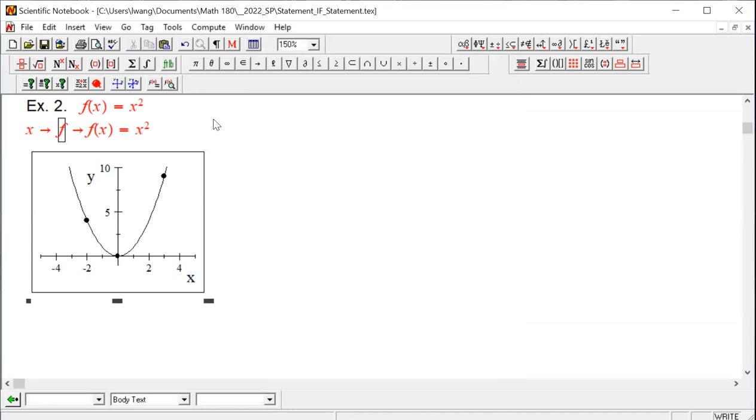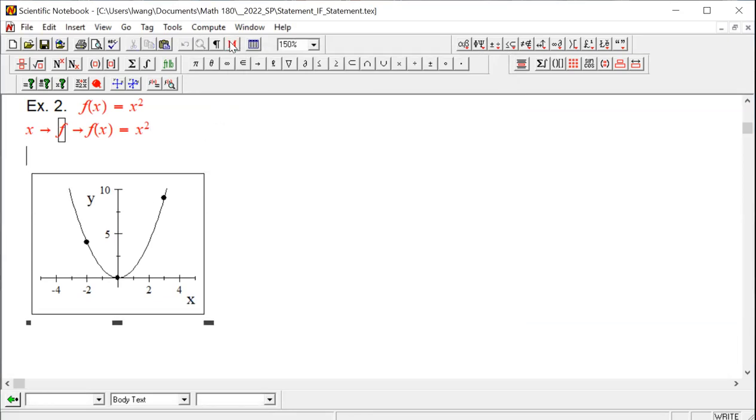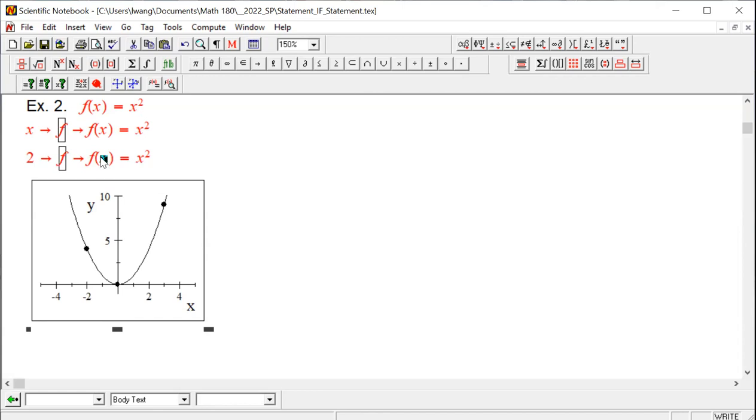Suppose I'm giving you an input, say 2. I choose a pretty simple input. According to this rule, f of 2, the input is given, the output is 2 squared, which is 4.